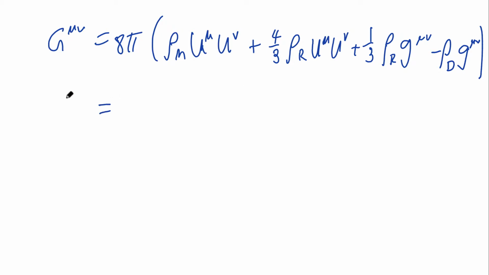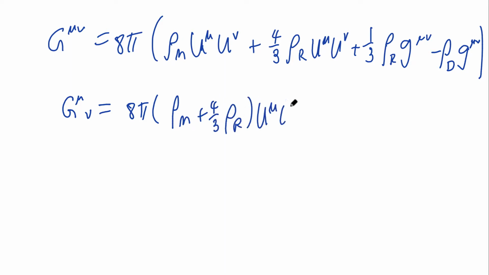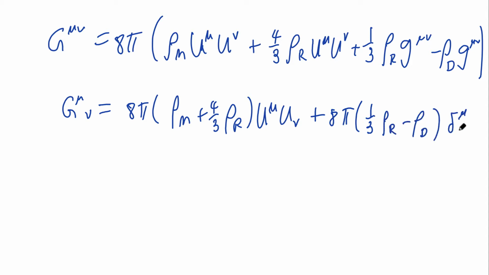When I write this down again, I want to also lower one of the indices. It turns out that some of the formulas are a little bit nicer with a mixture of one up and one down index. So this is equal to 8 pi times rho m plus 4/3 rho r times u mu u nu, and the remaining terms are 8 pi times 1/3 rho sub r minus rho sub d times delta mu nu.